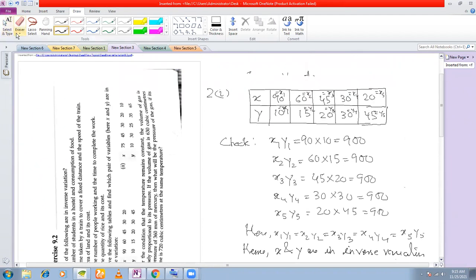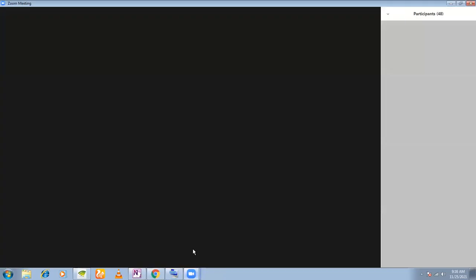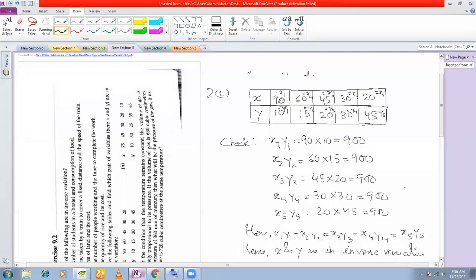Sir, I am not able to understand this inverse variation. No, that is not a question. After 20 minutes of classes, you are saying you're not able to understand inverse variation.